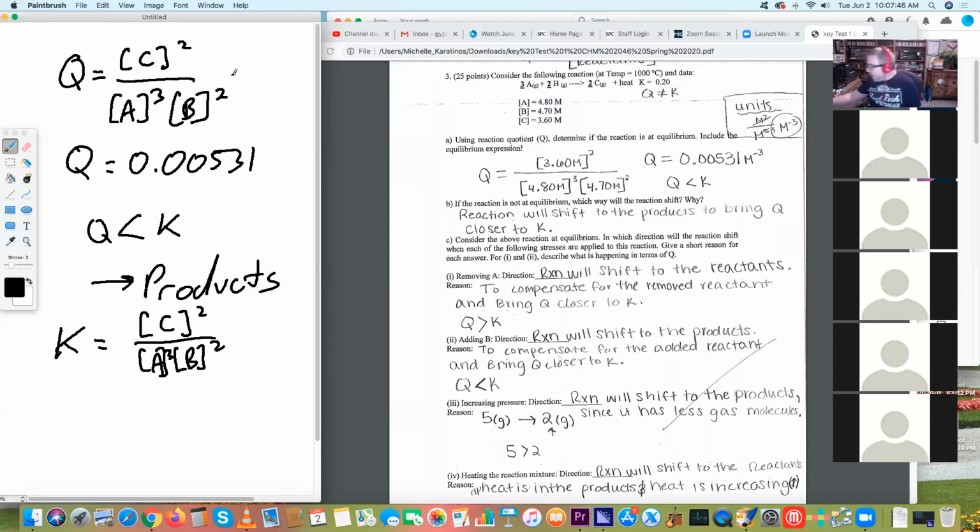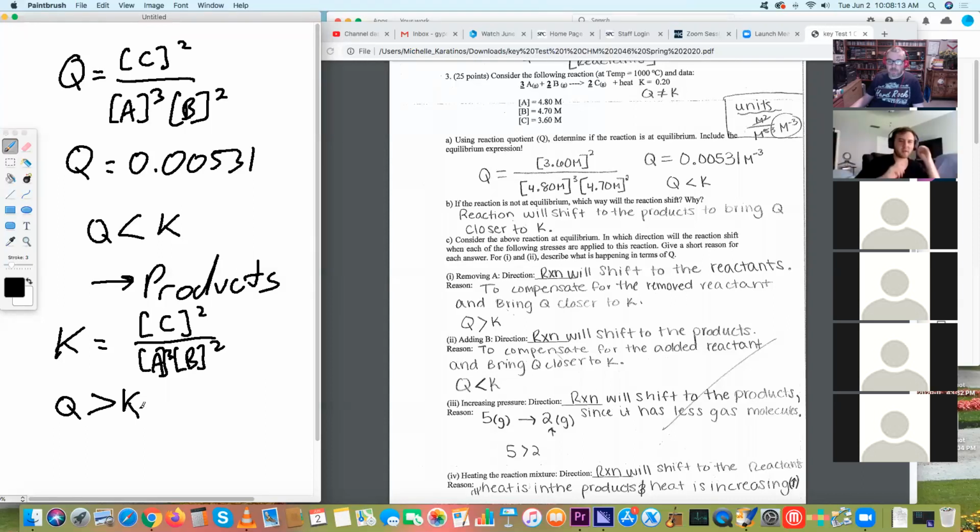So if we're removing A, that means this is going to get less. And if that's getting less, Q will end up being greater than K. I'll stop there for a second. I want to make sure that people understand that removing A, which means making that less, will make Q greater than K. Does anybody have any questions about that?